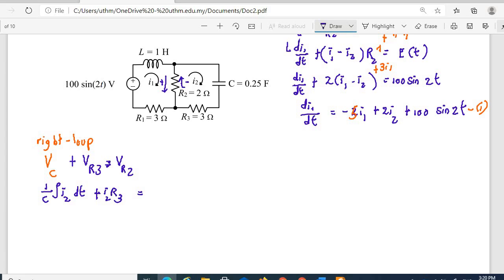VR2 is I1 minus I2 times R2. So plug in the R2, R3 and C values. C is 0.25, so 1 over 0.25 integral I dt. R3 is 3, so 3 I2. R2 is 2, so 2 times (I1 minus I2).